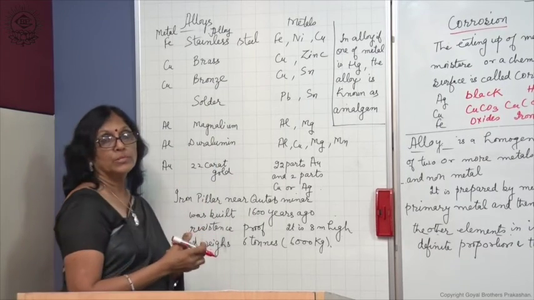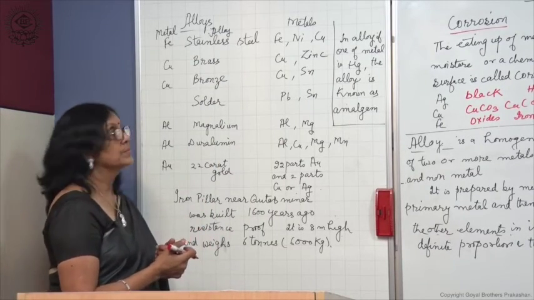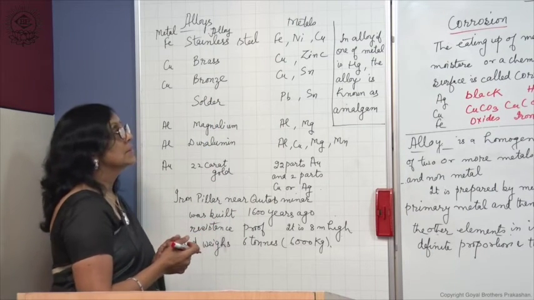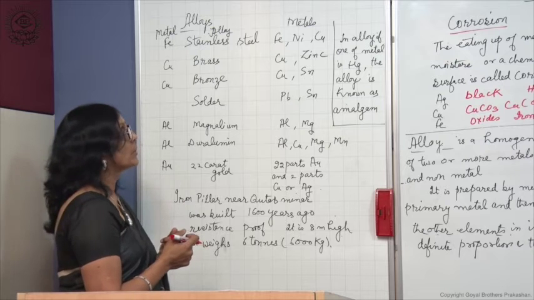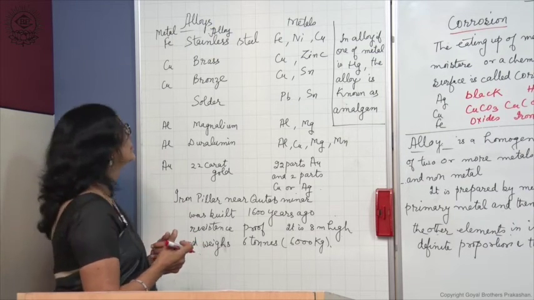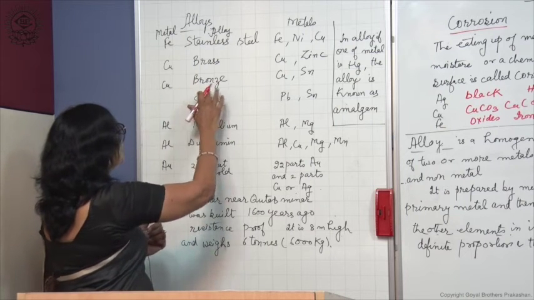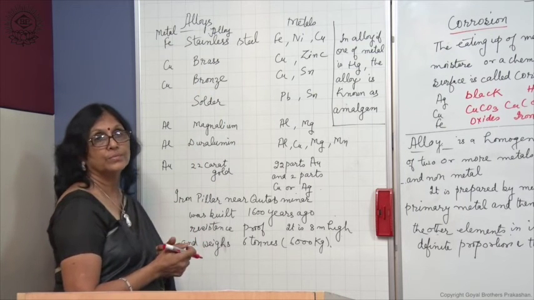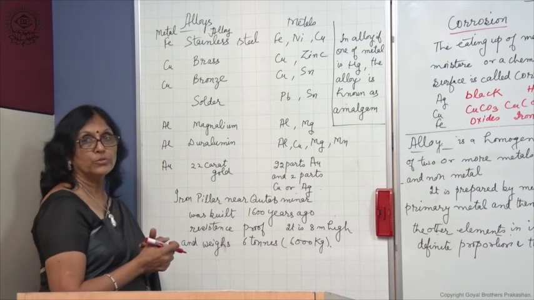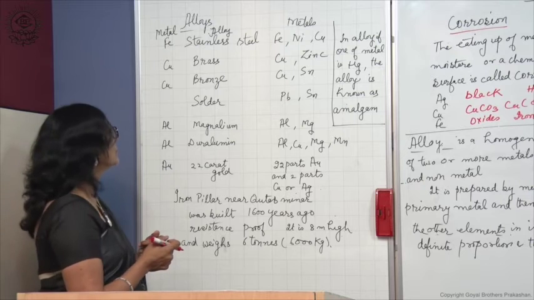Pure copper will corrode, but when it is alloyed with zinc, it does not rust, its properties improve. It is used to make utensils. Another alloy of copper is bronze. It is mixed with tin. Bronze is used to make statues.